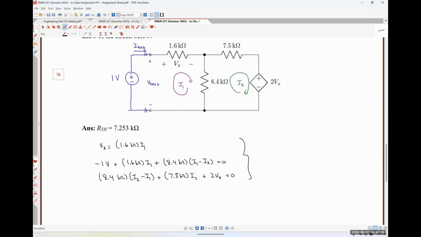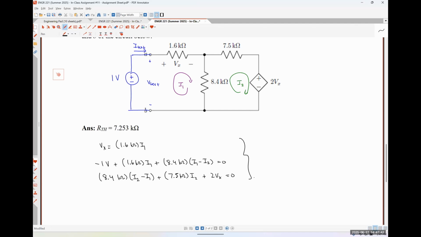In my first equation, my coefficient for I1 is going to be 1600 ohms. My coefficient for I2 is going to be 0, and my coefficient for Vx is going to be -1. My constant term is going to be 0. In my second equation, my coefficient for I1 is going to be 1600 plus 8400.